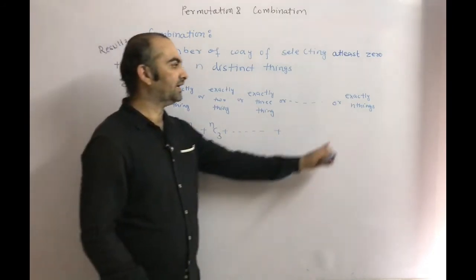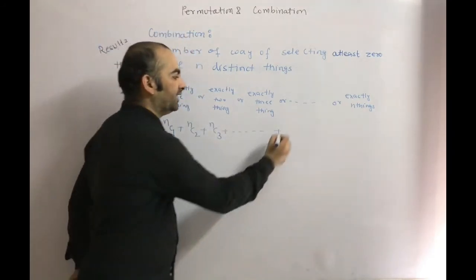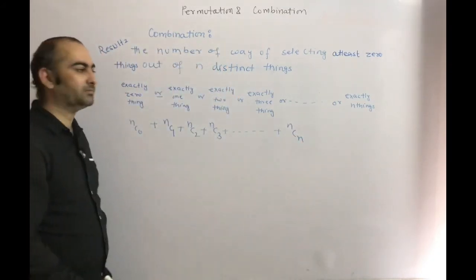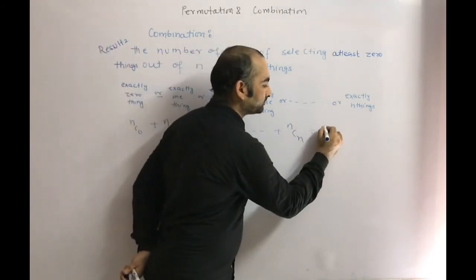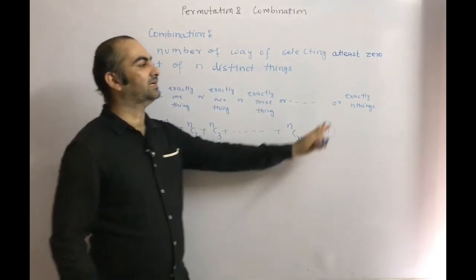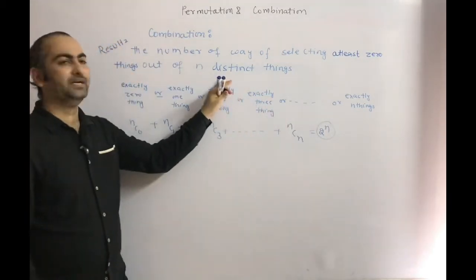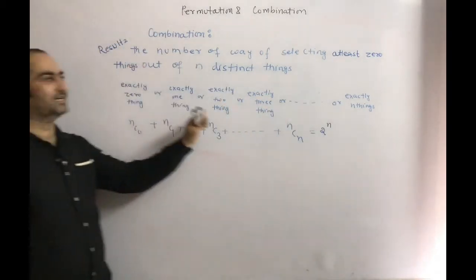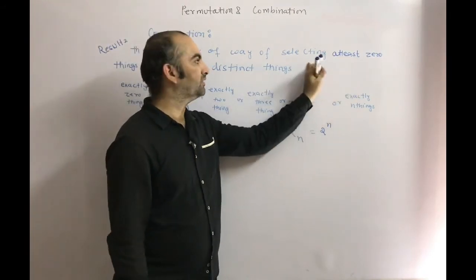The last is selecting exactly n things, that is nCn. And this summation we know is nothing but 2 power n. So there are 2 power n ways of selecting at least 0 things out of n distinct things.